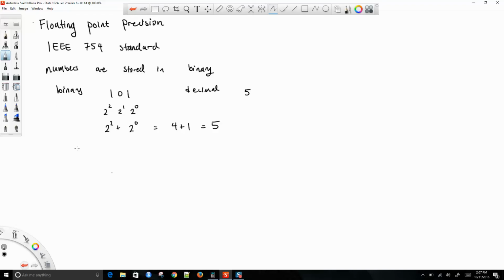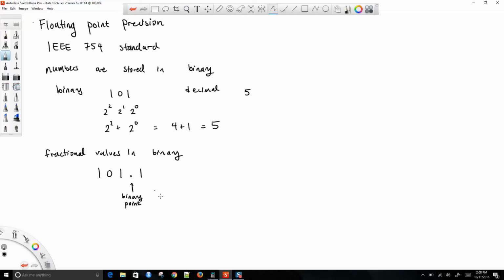Now, we can also represent fractional values in binary. Okay, so what if I have 101.1? This is not called a decimal point. It would be called a binary point to indicate that we've got fractional values.